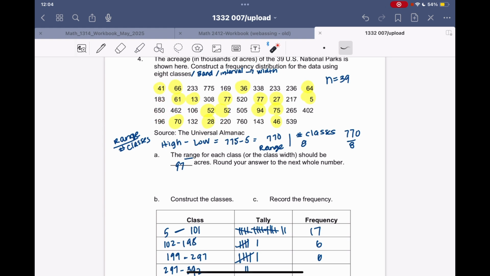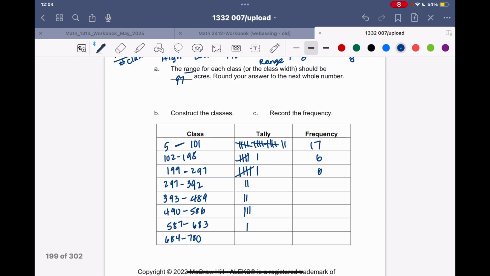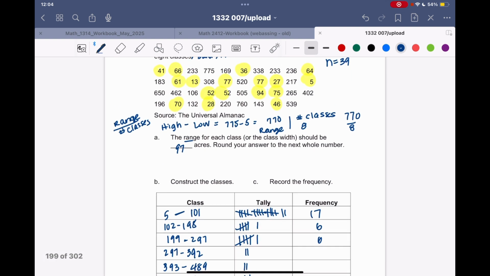And then 684 to 780 is 1. And then 584 to 780, that one and that one, 760.